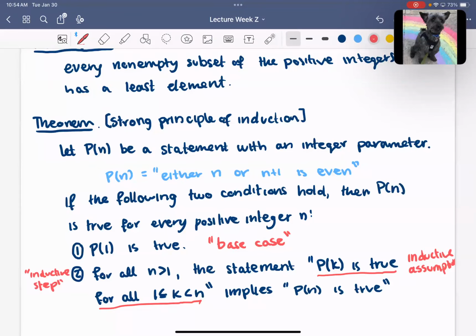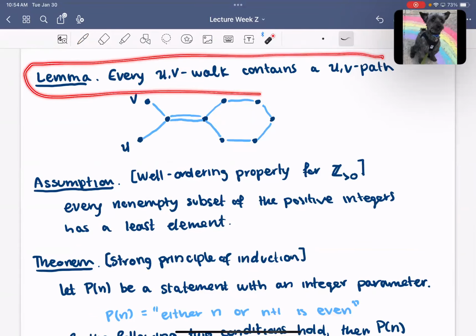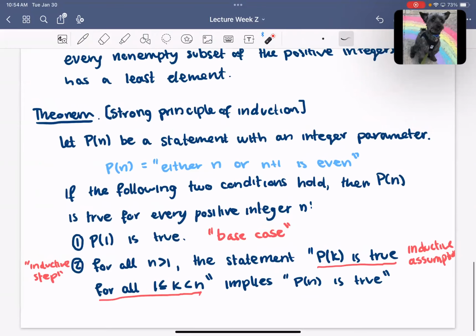So we will see, as an example, the lemma that I wrote previously. We'll use strong induction to prove this lemma in a moment. But that's the blueprint for how a proof by strong induction would go. And then let me just comment, what is the difference between this and regular induction? For regular induction, the inductive assumption looks a little bit different. You would just assume that P of n minus 1 is true.